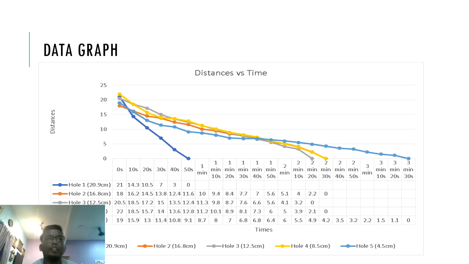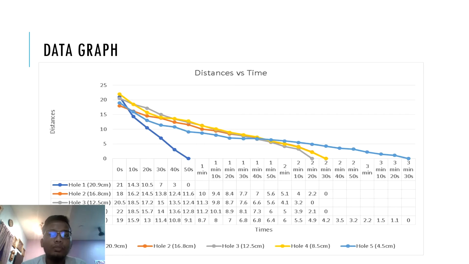For this slide, this is the data that we collected from the experiment. From this graph, we can see the time taken for the water to flow out from the bottle. This graph also shows the distance of the water flowing out from the bottle over time.